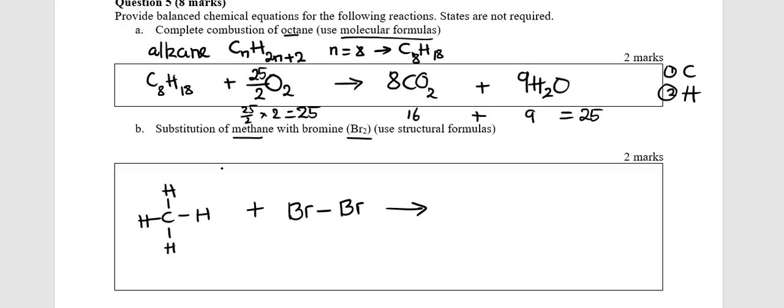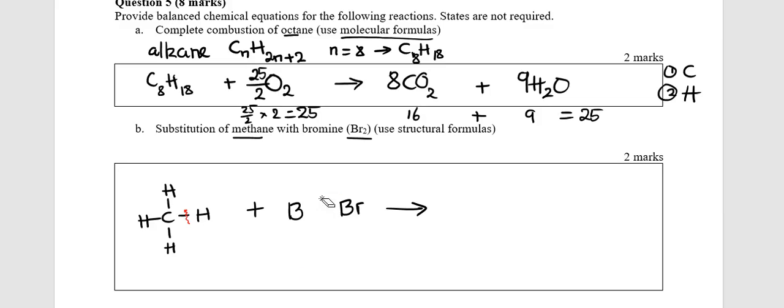And because this is a substitution, you only need to write the very first product that can be substituted. And in the case of methane, one of the carbon-hydrogen bonds will be broken and the Br bond will be broken.